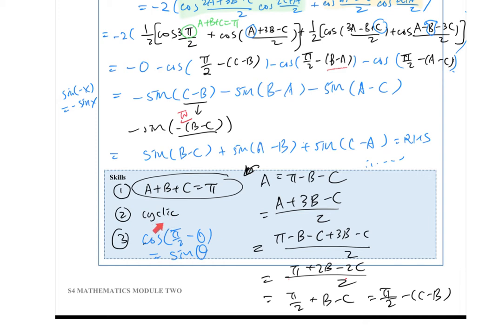This time is a little bit different. And this one, cosine of pi over 2 minus theta equals to sine theta, we will actually use often. And also we have learned about the quadrants before. So this is a revision. This time the cycle is not really that useful because the C is different.